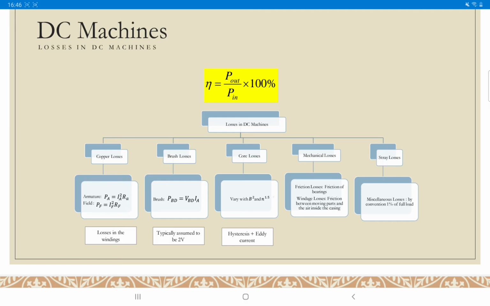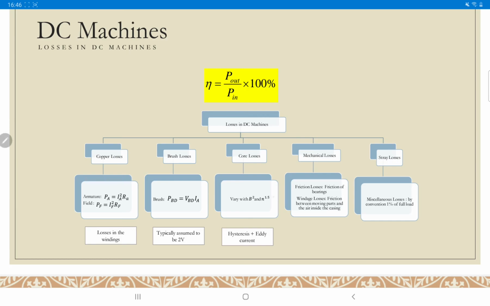It can be because of the bearings that help the motor rotate in place, and windage losses, which is the friction of the moving parts with the air inside the casing. Obviously, we always have an air gap inside the machines, so the movement of the rotor against the air also has friction. We call that windage losses.